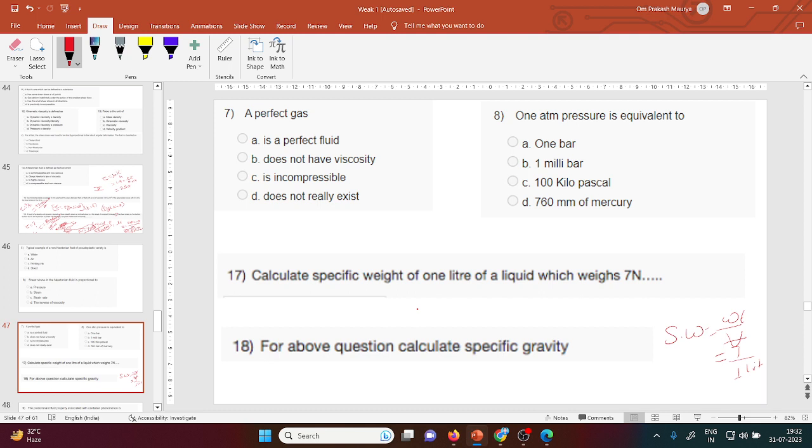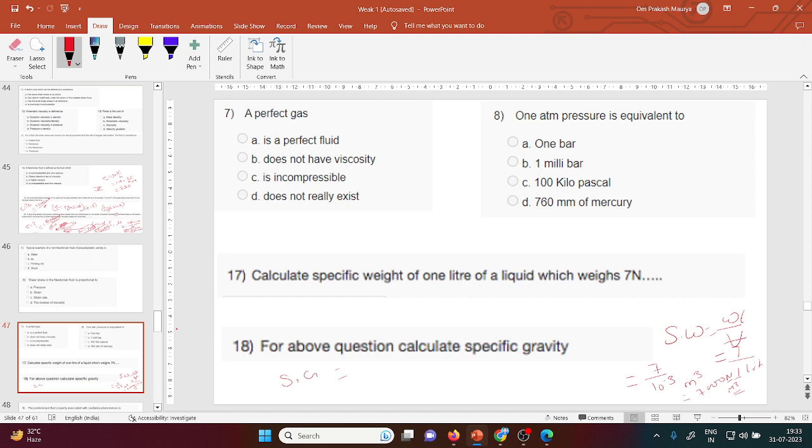The 1 liter is equal to 10 to the power minus 3 meter cube, so 7 divided by 10 to the power minus 3, here 7,000 Newton per meter cube is the correct answer. Question number 18 is asking the specific gravity of the above question.